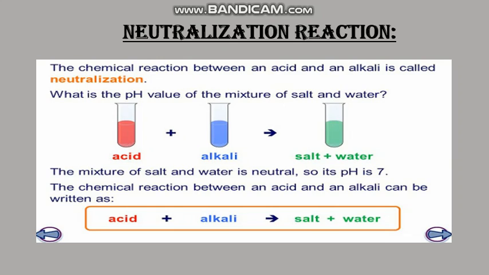The mixture of salt and water is neutral, so its pH is 7. The reaction can be written as acid plus alkali gives salt and water. Means after mixing acid and alkali, salt and water is produced.